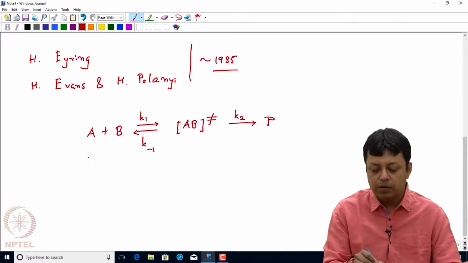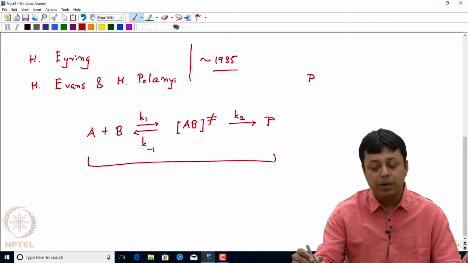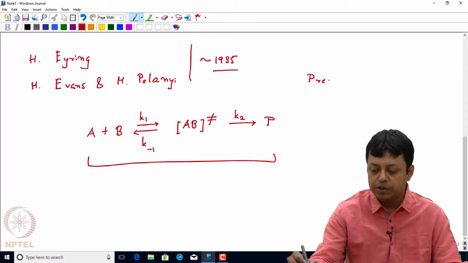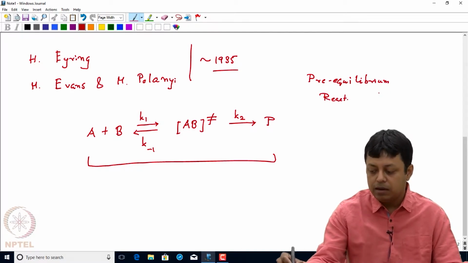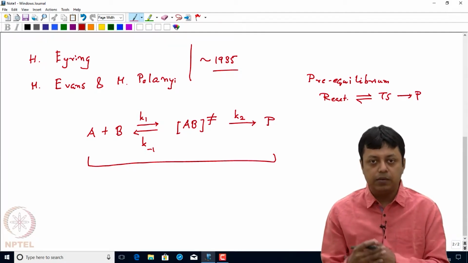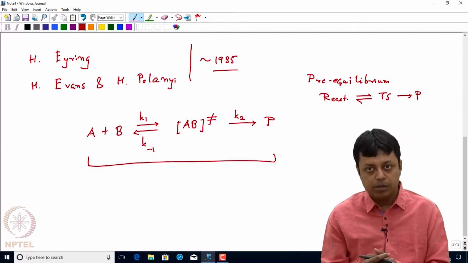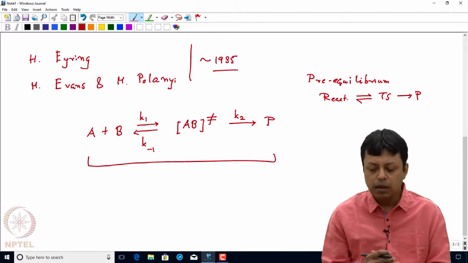This kind of equilibrium is very well known to you, as we already discussed when we discussed the pre-equilibrium or equilibrium approximation. So they said that there is a pre-equilibrium between the reactants and the transition state, and then the transition state forms the product. If we assume that, then we can right away apply the equilibrium approximation, which we already know how to do.